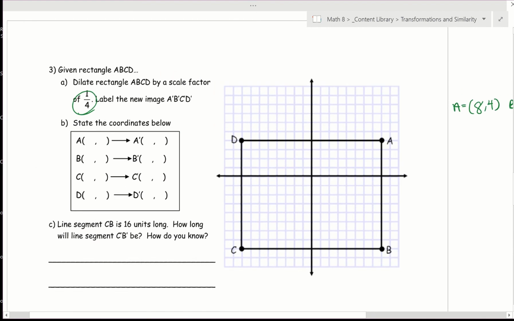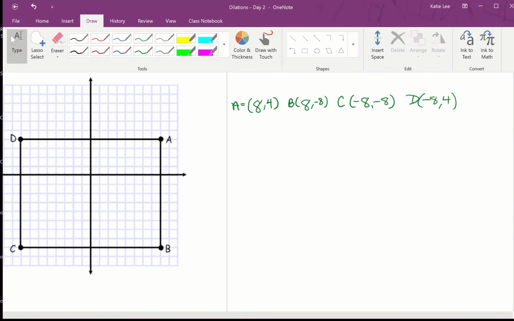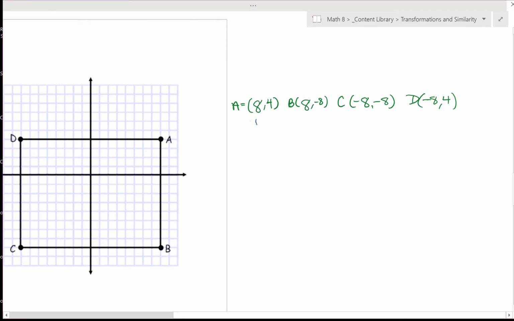Now I am going to multiply by a scale factor of a fourth. So this is going to be multiplied by a fourth, multiplied by a fourth, multiplied by a fourth.